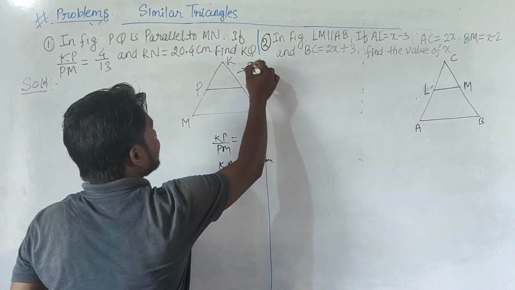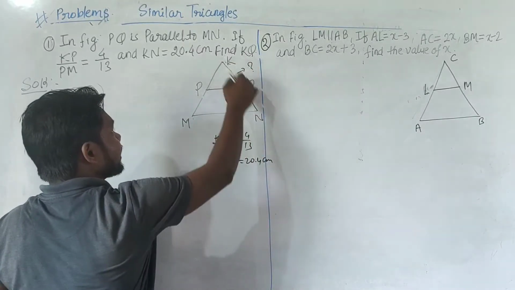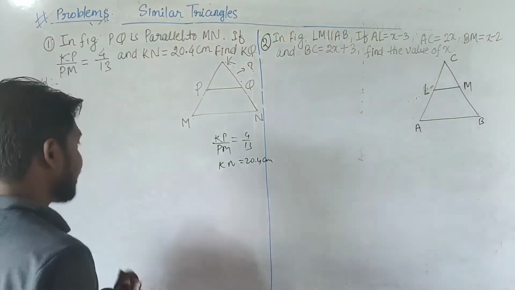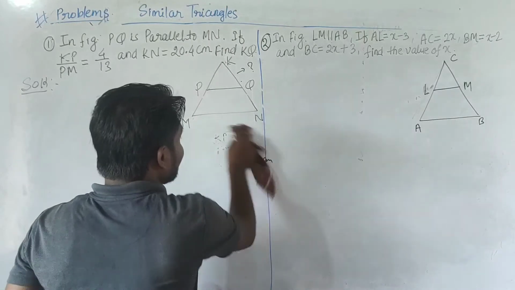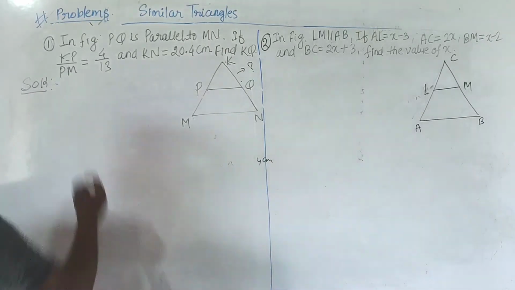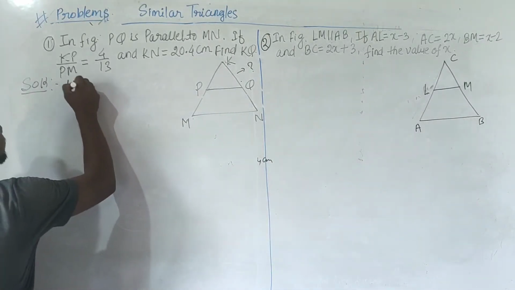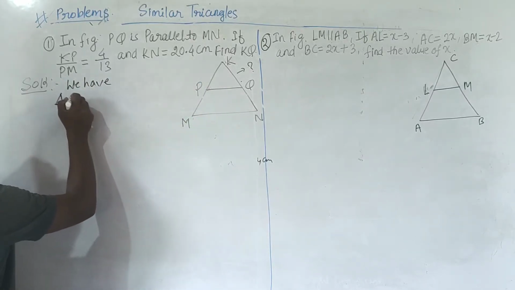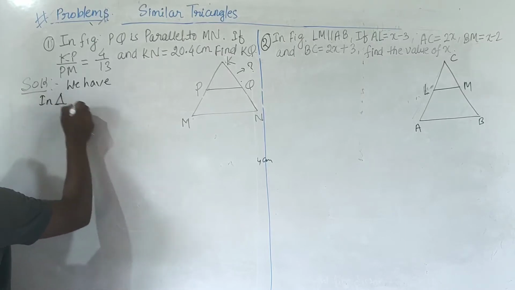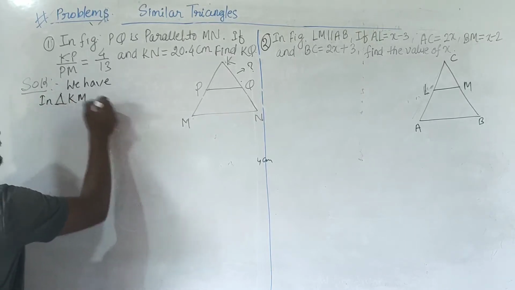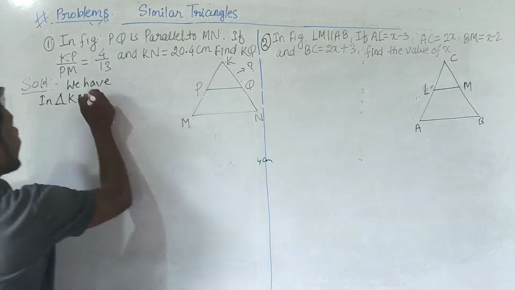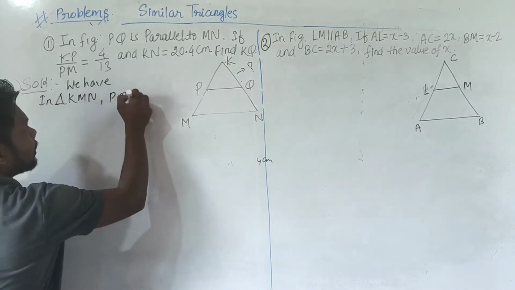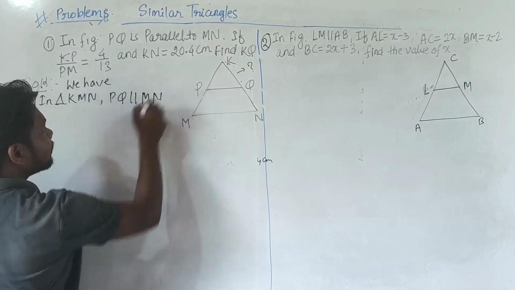Then find KQ. So what is the length of this? KQ is to be found. Okay. So now I am going to solve this. First we will write what we have. In triangle KMN, PQ is parallel to MN, right?